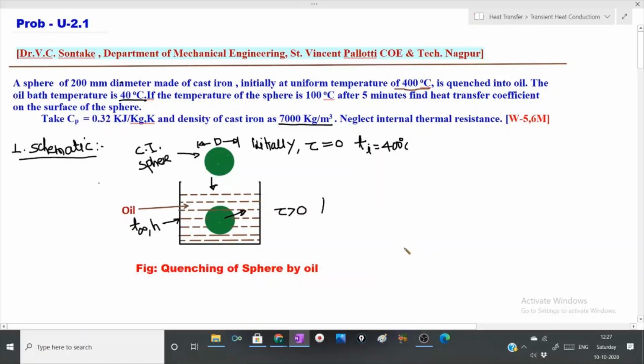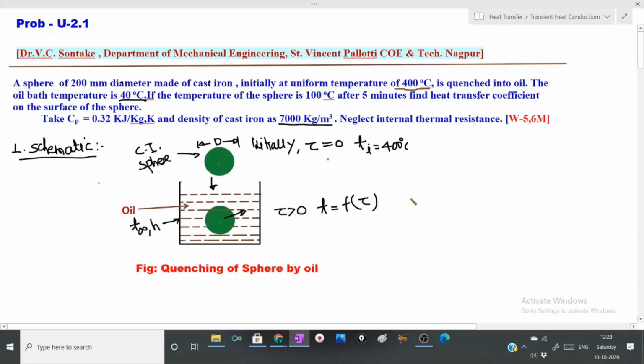I want to find out the temperature of this cast iron sphere, which will be a function of time, because it is going to vary continuously with respect to time. That is why I will say temperature of this cast iron sphere after immersing into the oil bath will be a function of time. So I want to find out what will be this temperature. Correct? So this is the schematic of this problem.